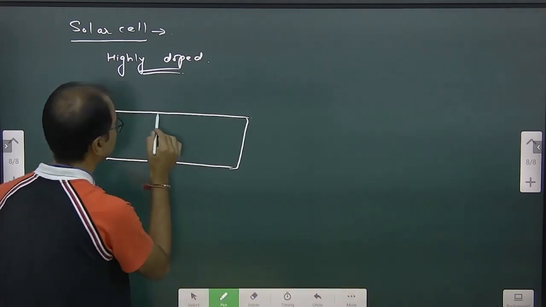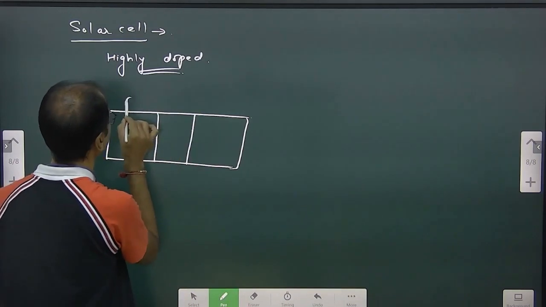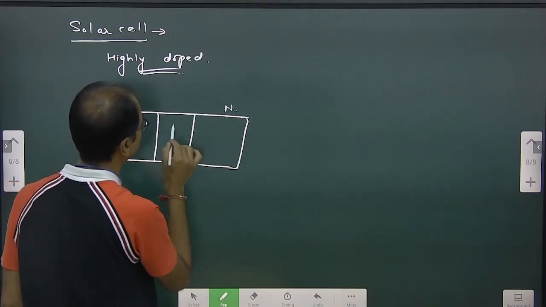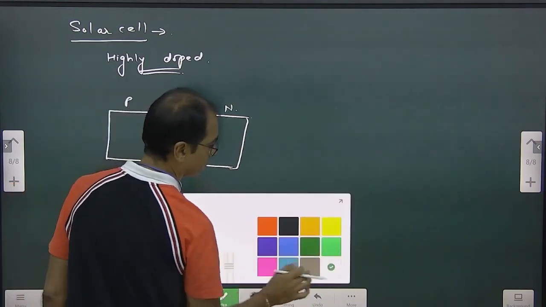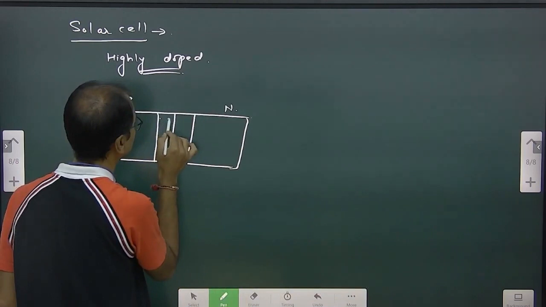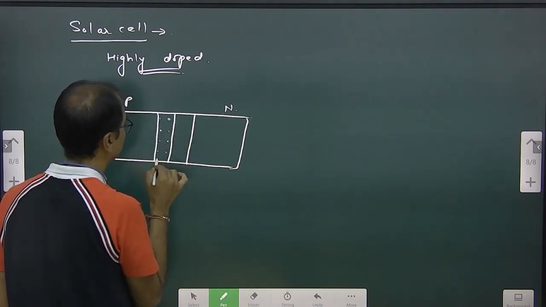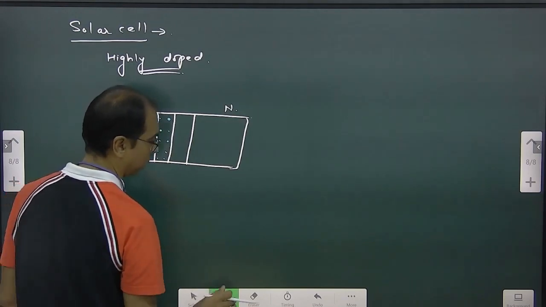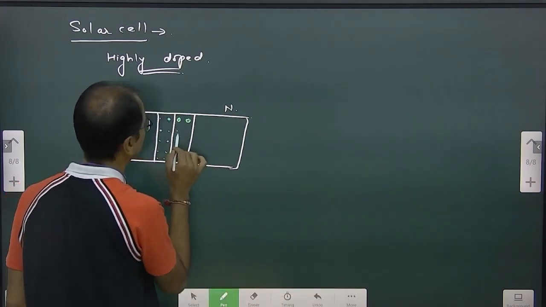Wait, this is depletion layer. This is P, this is N. So here are your electrons. Highly doped means depletion layer also will show the same thing, right? These are holes here.